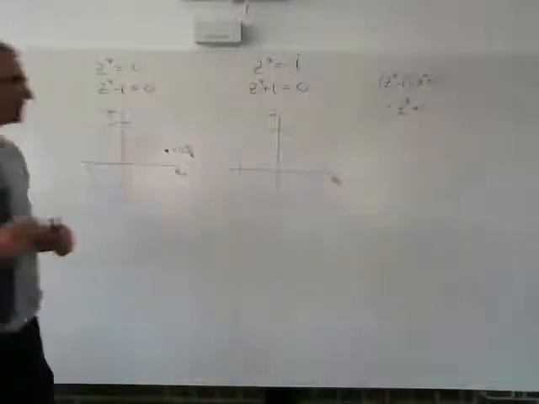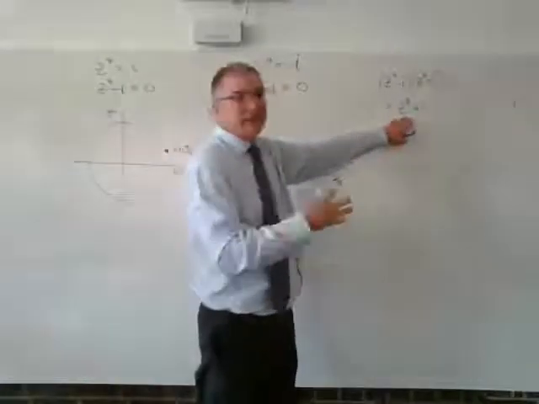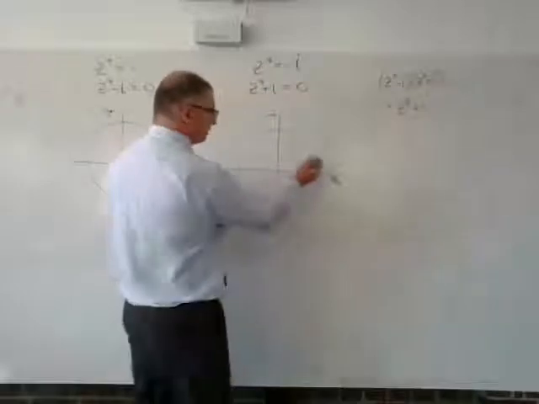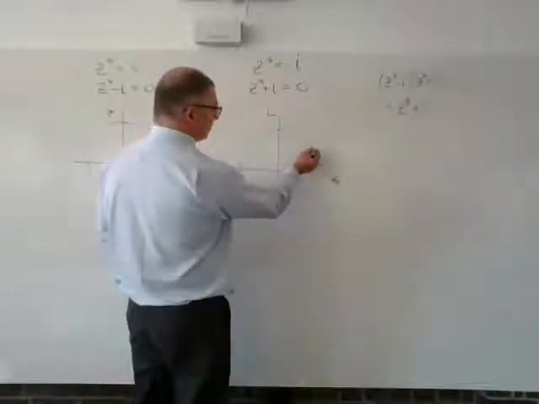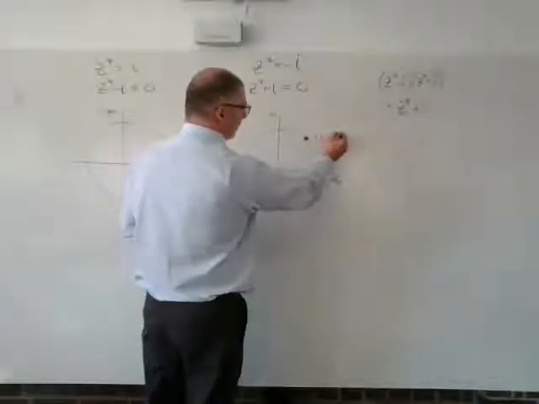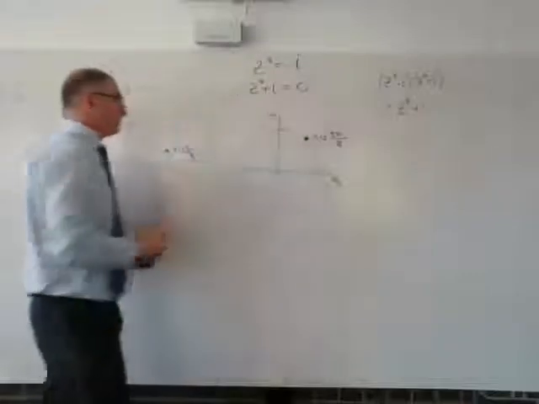And if that's cis of pi on 8, and if you space these out every 2 pi on 8, then this will be cis of 3 pi on 8 over here for our other one.